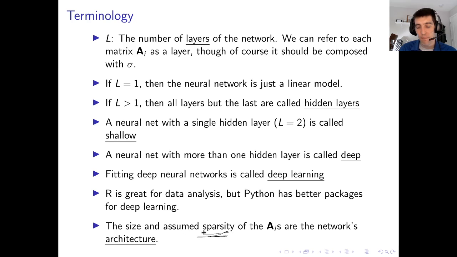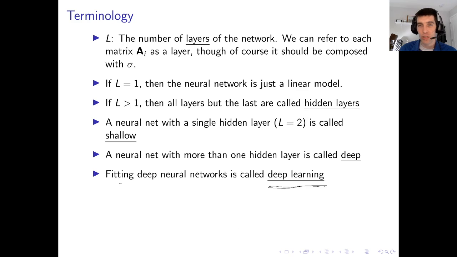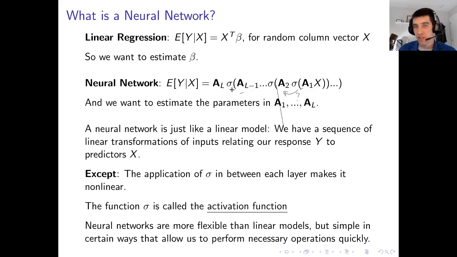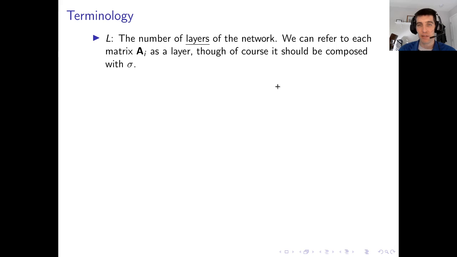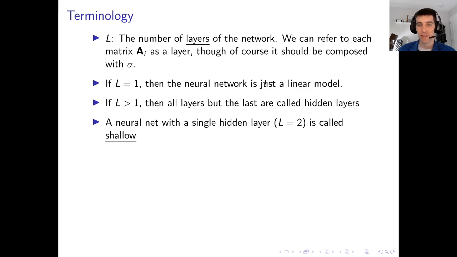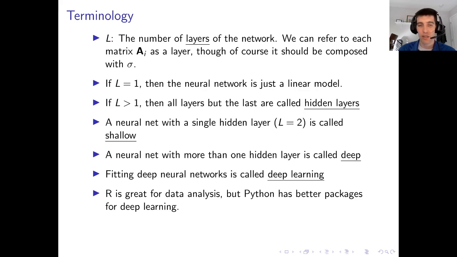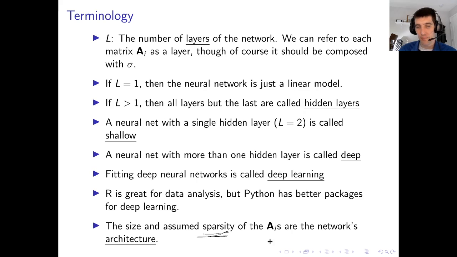There are a lot of dials to turn as far as what should be the shape of these A matrices. Should you have zero entries? Should you not have zero entries? This is a big area of research, and there are lots of different variations of neural networks depending on how you structure these A matrices.